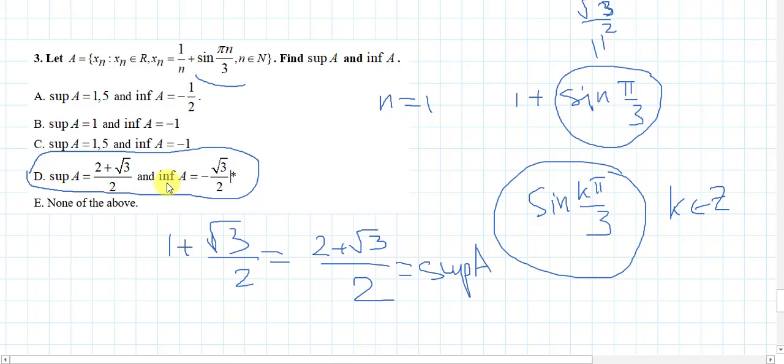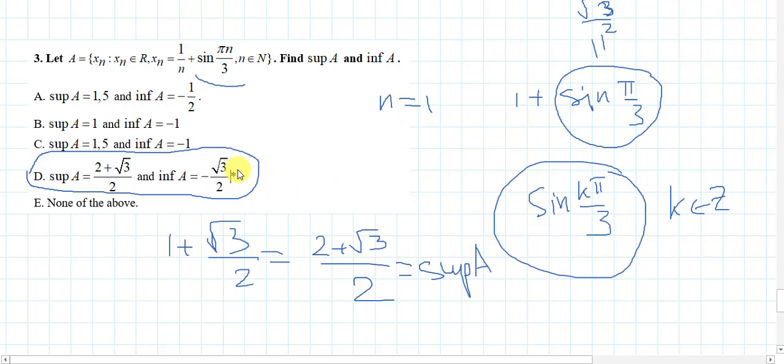And how do we get infimum as minus square root of 3 over 2? Because again, here the least value is minus square root of 3 over 2. This is the least value because this is pi over 3. It's not pi over 2, for example, or pi over 4. So with pi over 3, the greatest one is square root of 3 over 2, and the least one is when it is negative, minus square root of 3 over 2.